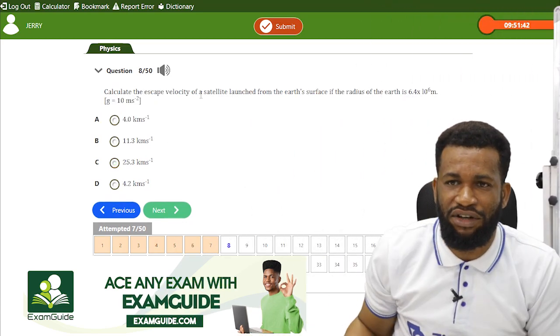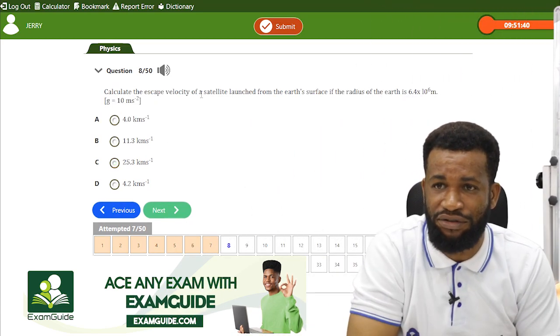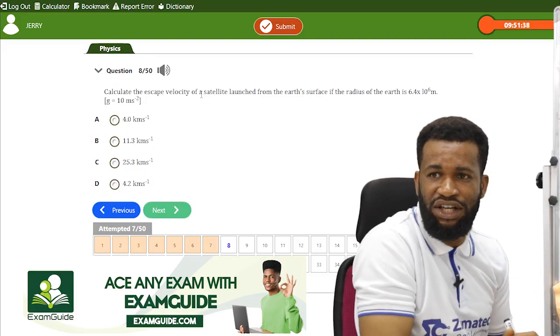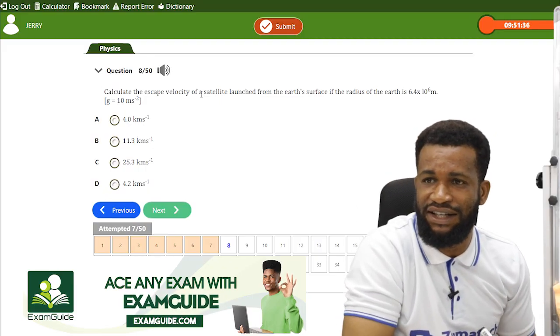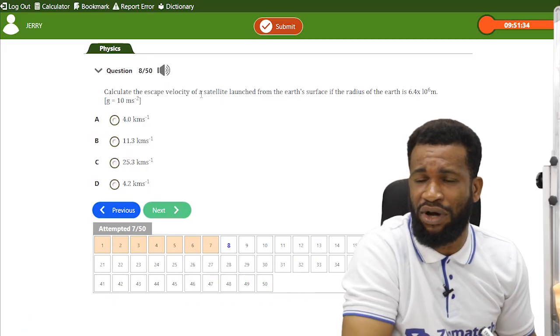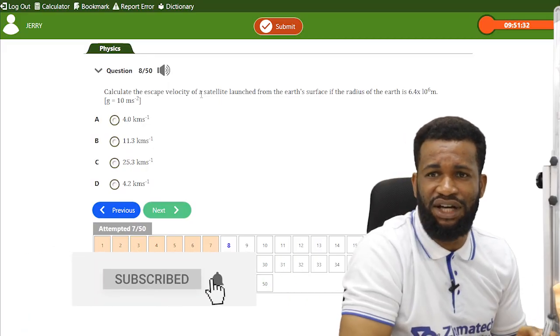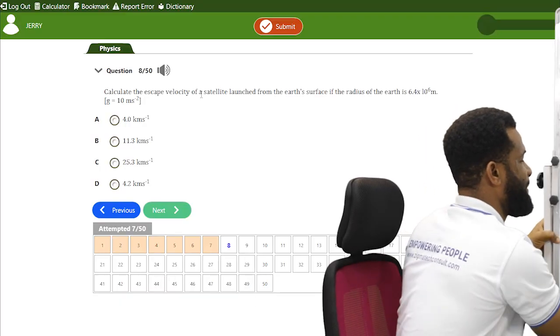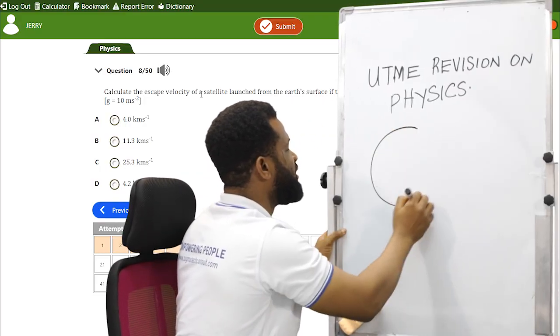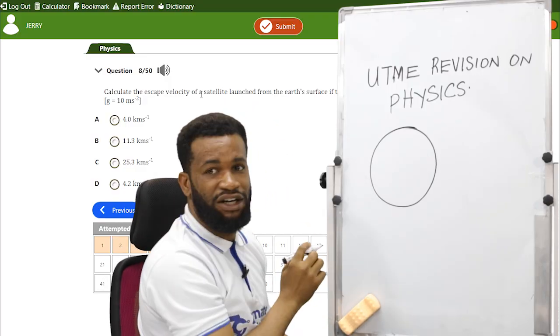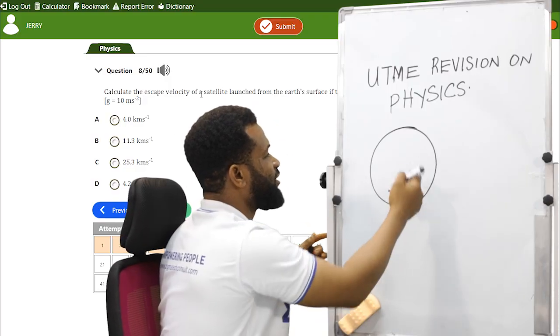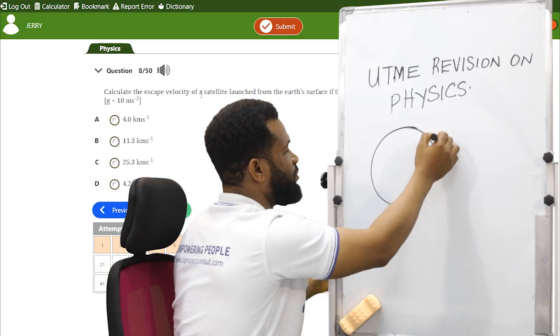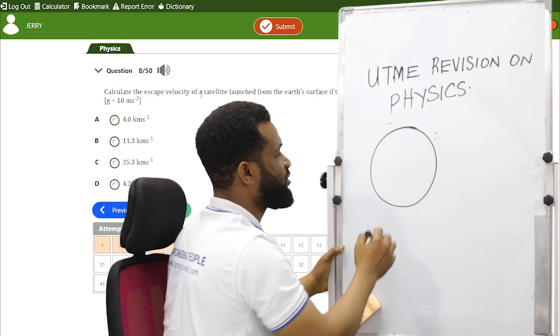Now calculate the escape velocity of a satellite launched from the Earth's surface if the radius of the Earth is 6.4 times 10 raised to the power 6 meters, and take g as 10 meters per second square. Now, if a body is moving like a satellite, let's assume this is the Earth, and then the satellite will be revolving around the Earth at this point.